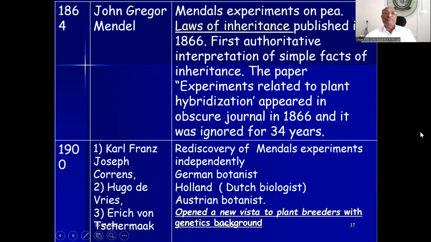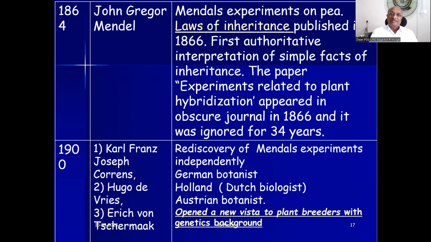1864, Johann Gregor Mendel, all of you are quite aware about this. Mendel's experiments on pea. He published the Laws of Inheritance in 1866 itself. It was the first authoritative interpretation of the simple facts of inheritance, that there is a factor which inherits from the parents to progenies.